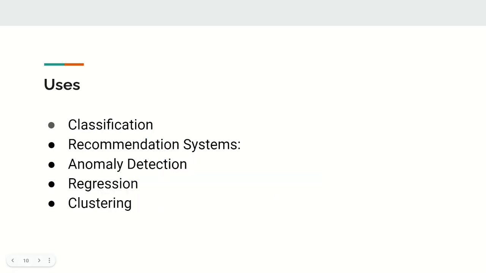Now let's look at some of the uses for KNN. Starting with classification. It's widely used for classification tasks where it assigns a class label to a new data point based on the majority class among its nearest neighbors. It is effective for both binary and multi-class classification problems and is particularly useful for data sets with complex decision boundaries.